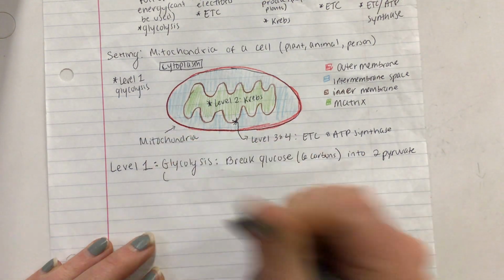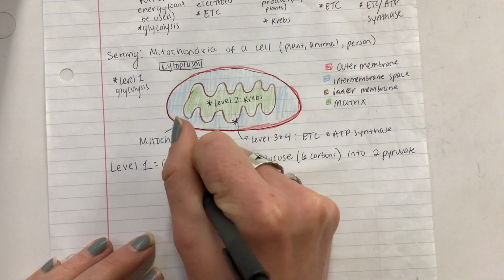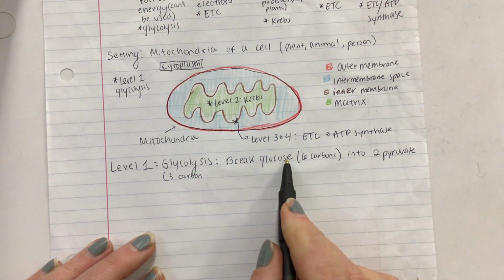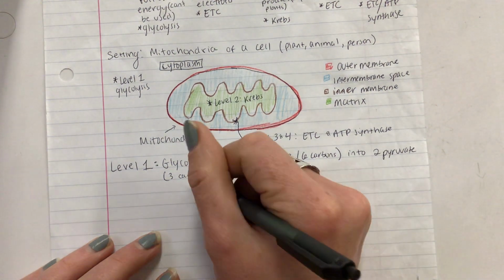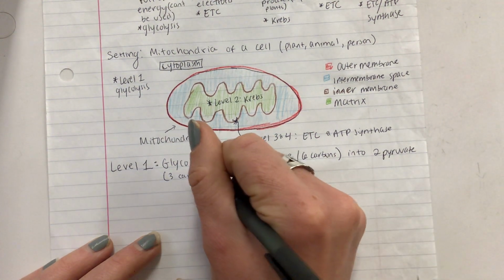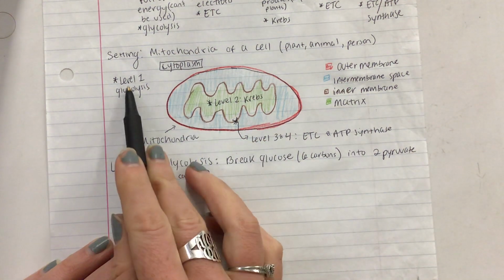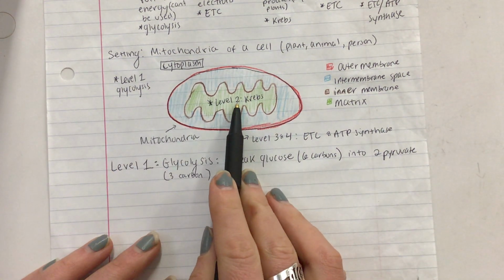Pyruvate has 3 carbons inside of it. So you're going from a 6-carbon sugar molecule, you want to break that apart into 2 3-carbon molecules that are nice and small so they can travel from level 1 into level 2.